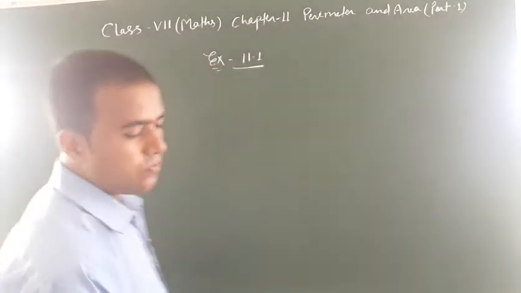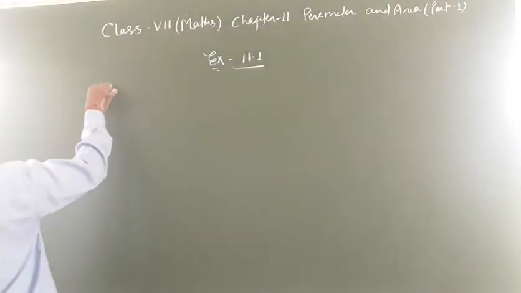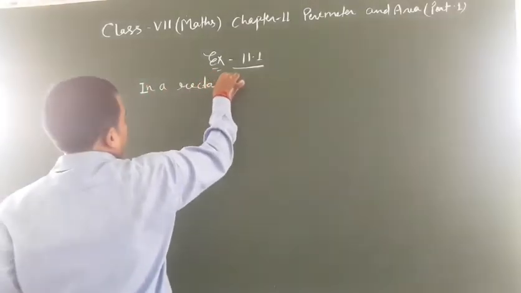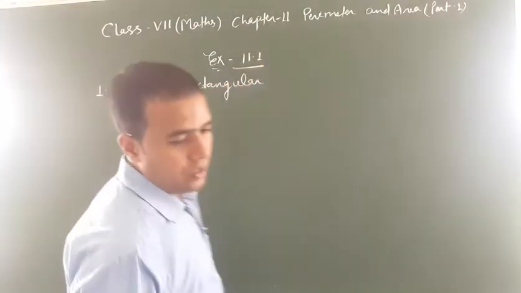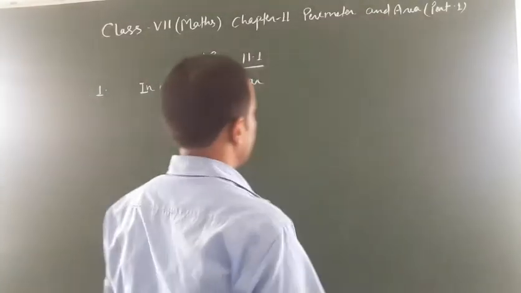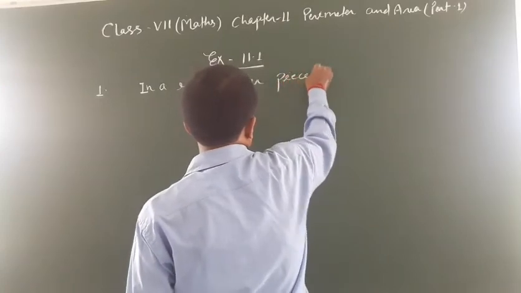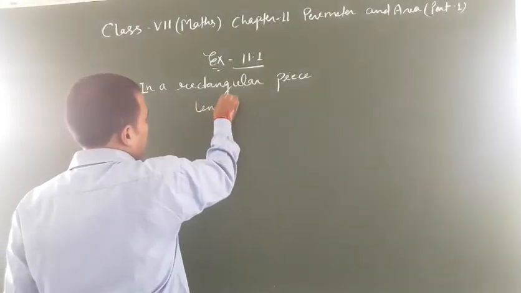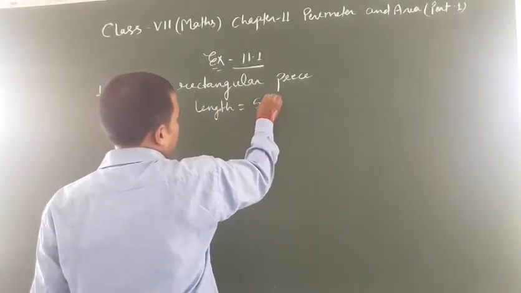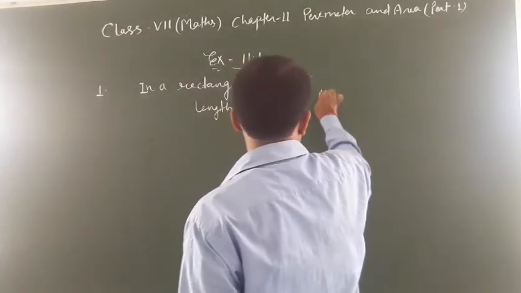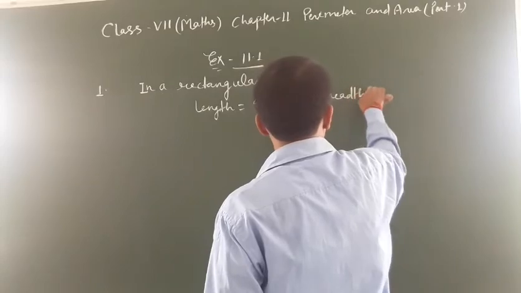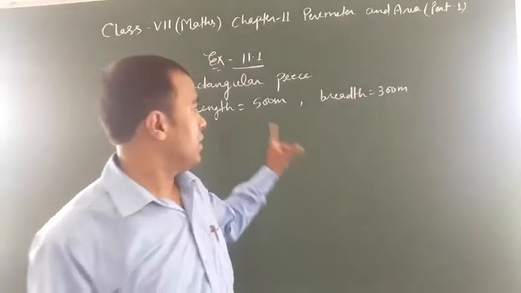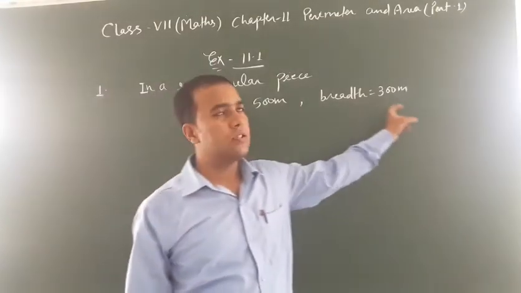So in the first question, in a rectangular piece, length equal to 500 meter, breadth equal to 300 meter.